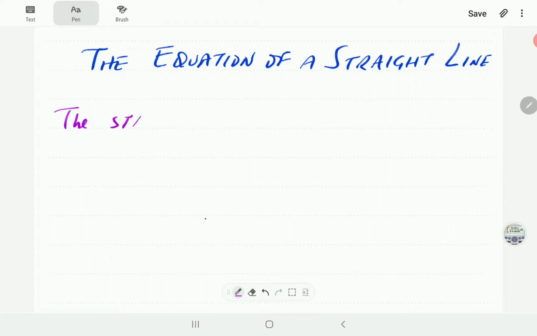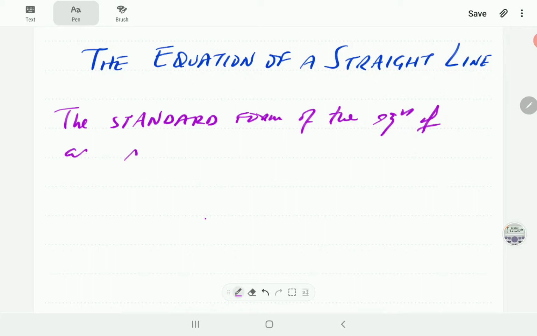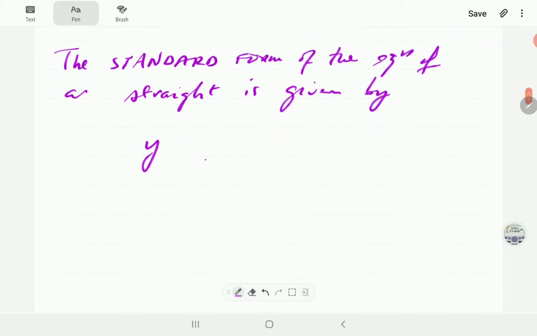The standard form of the equation of a straight line is given by y equals mx plus c.